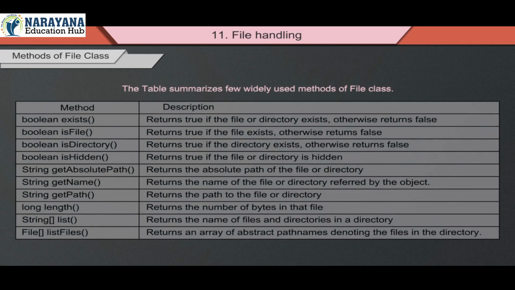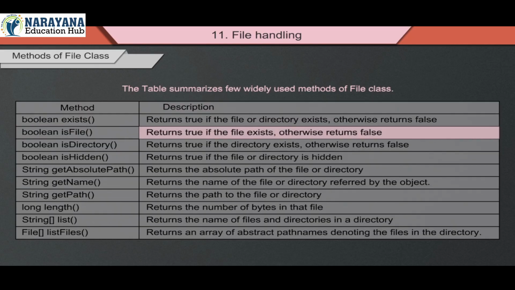Methods of File class. The table summarizes a few widely used methods of File class. Method: boolean exists(). Description: returns true if the file or directory exists, otherwise returns false. Method: boolean isFile().